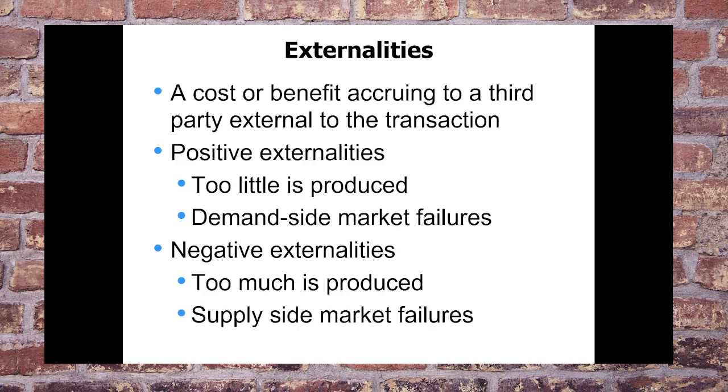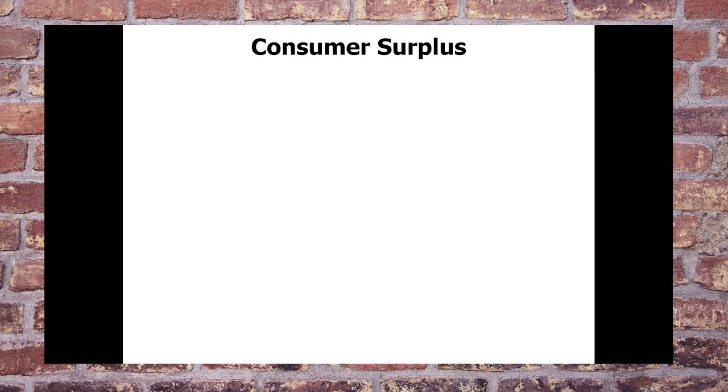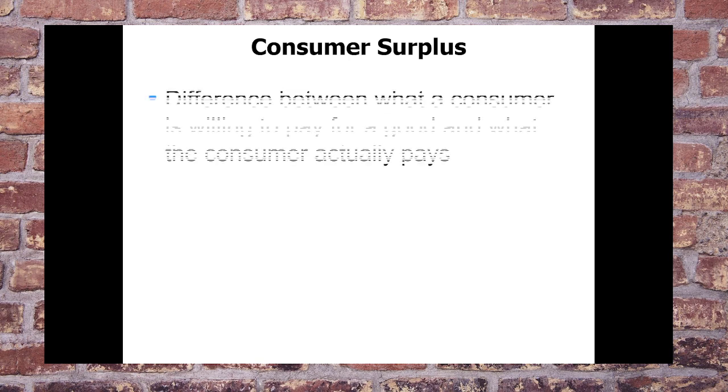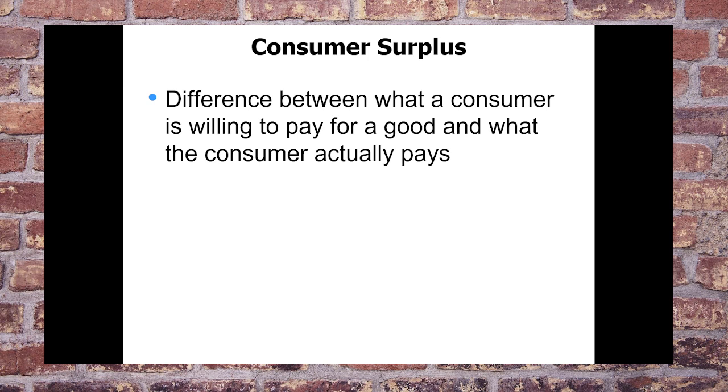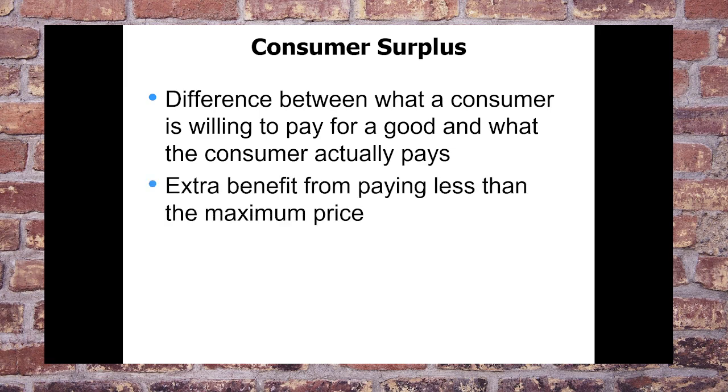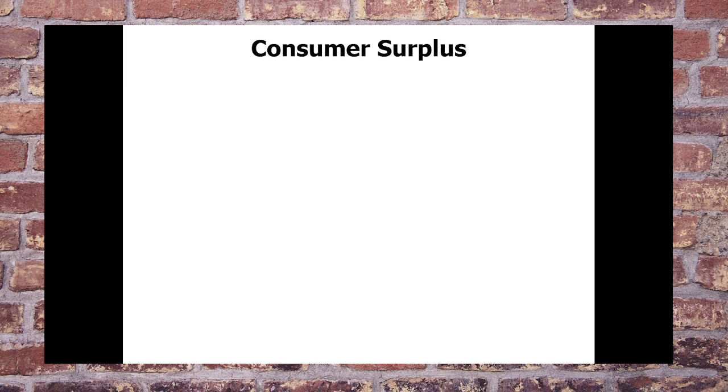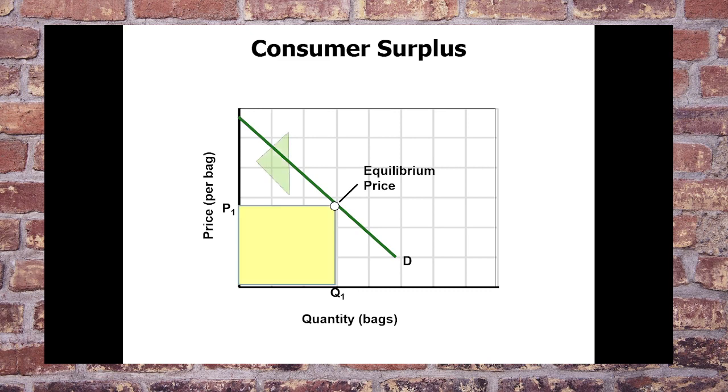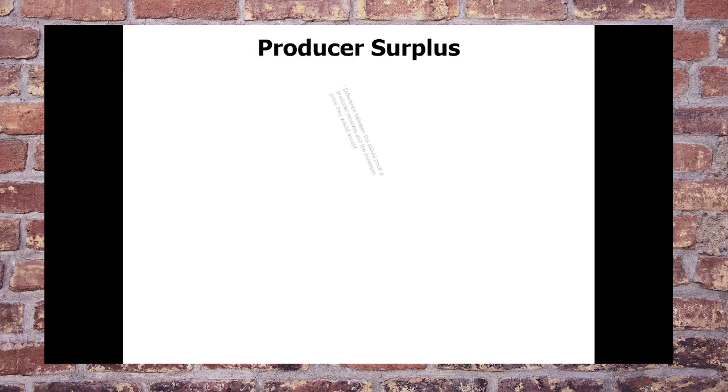Right, good. Let's look at consumer surplus. Let's do a quick review so we understand what the graph looks like. It's the difference between what a consumer is willing to pay for a product and what they actually pay. It's the extra benefit from paying less than the maximum price. If I were to graph it, it would look something like that. Then we have producer surplus.